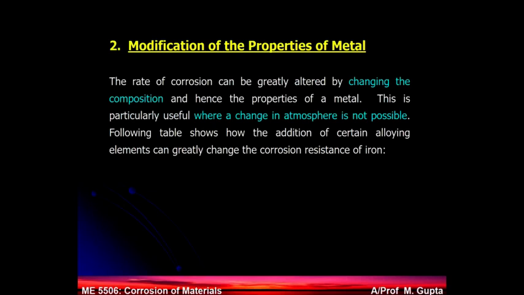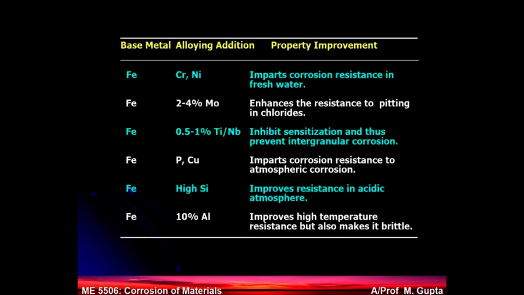Now, if we cannot change the environment, then can we change the properties of the matter? It's possible. And you can see from this single slide here that the steels are basically iron plus carbon.